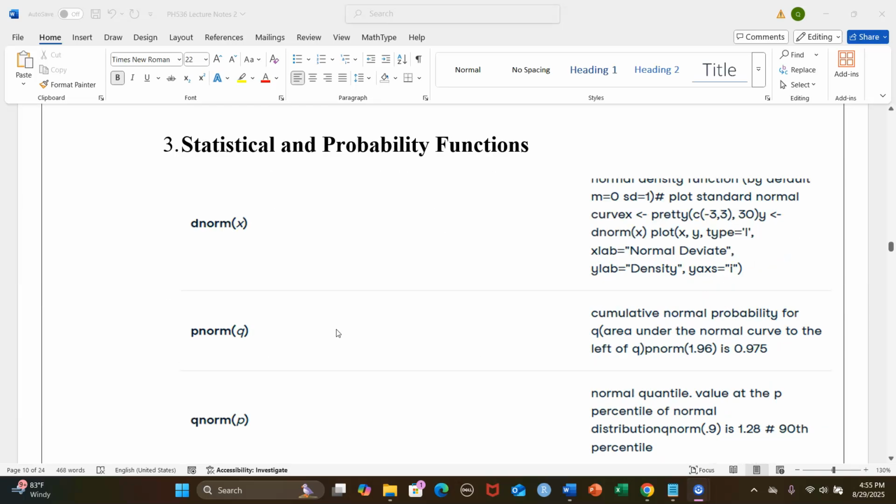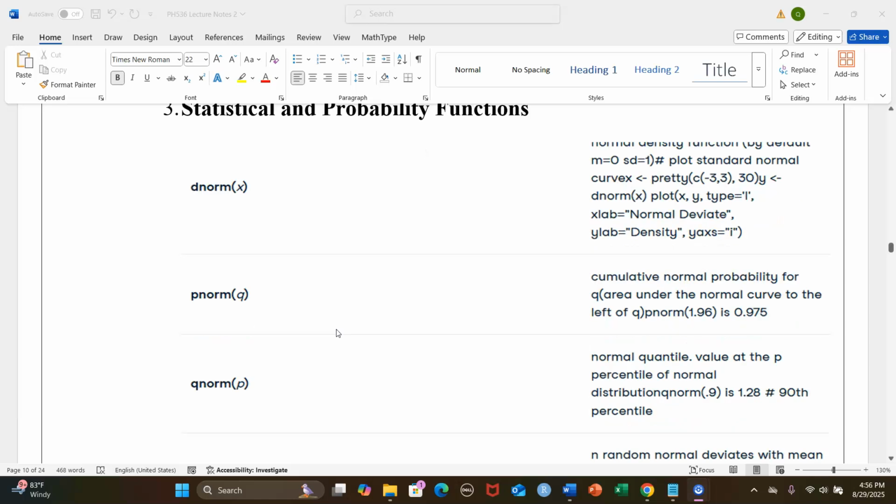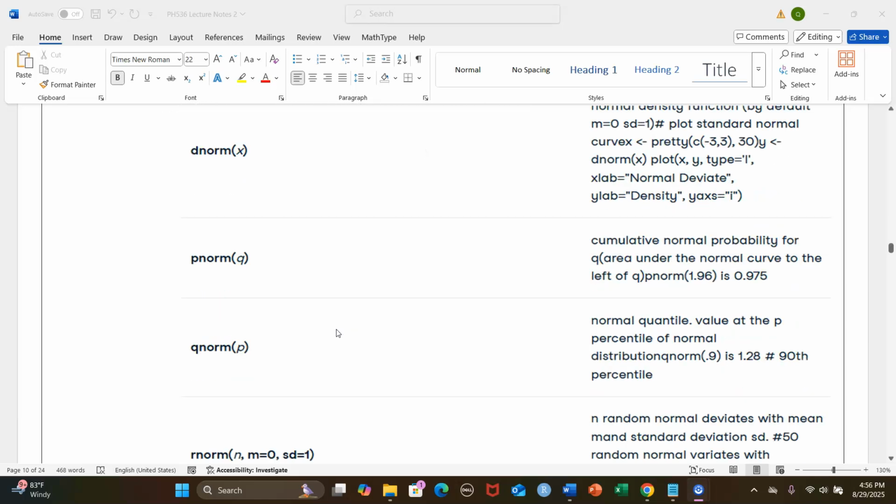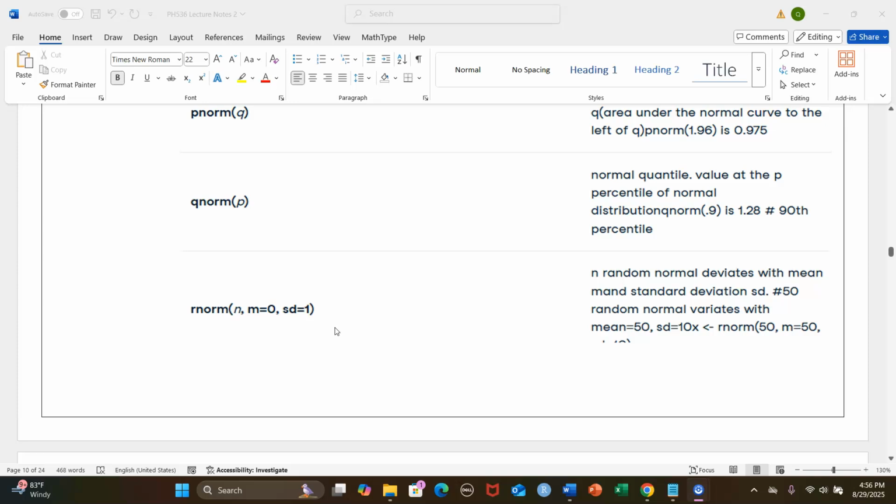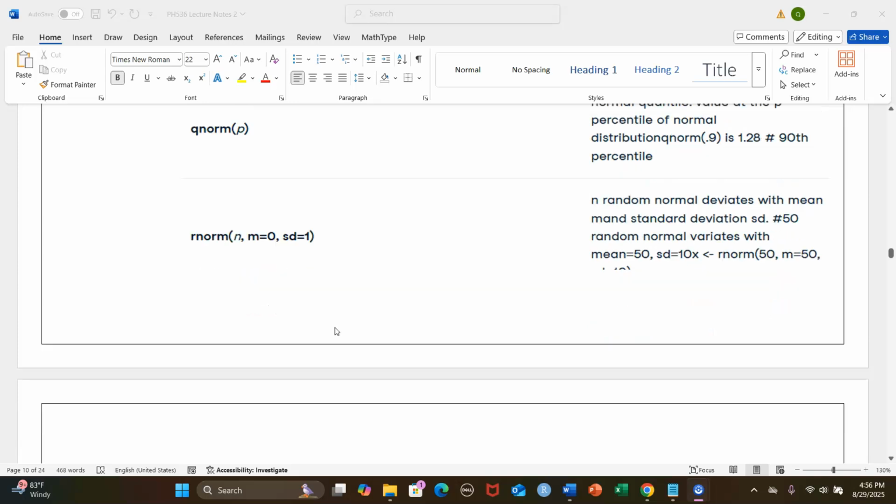And there are statistical and probability functions. So dnorm is the density function for the normal distribution, pnorm is the probability function, qnorm gives percentiles, quantiles of the normal distribution, and rnorm lets you draw random samples from the normal distribution.